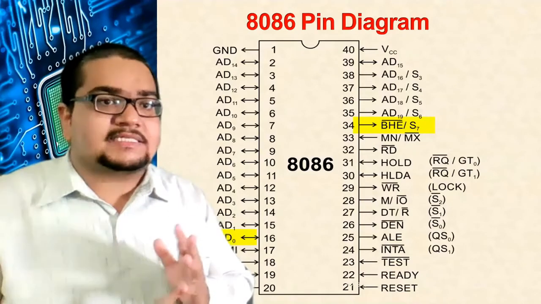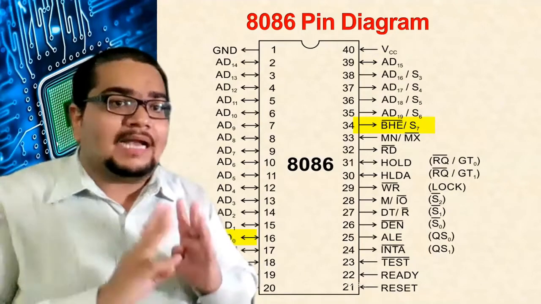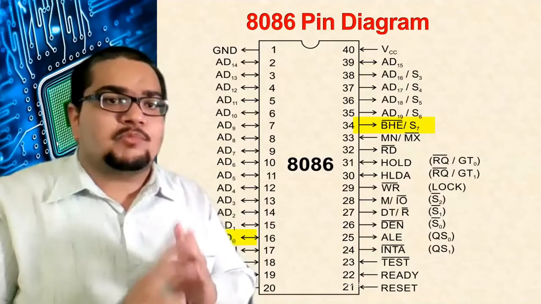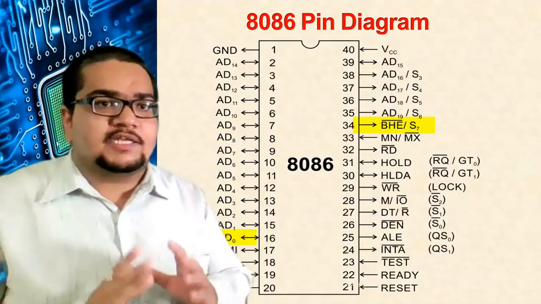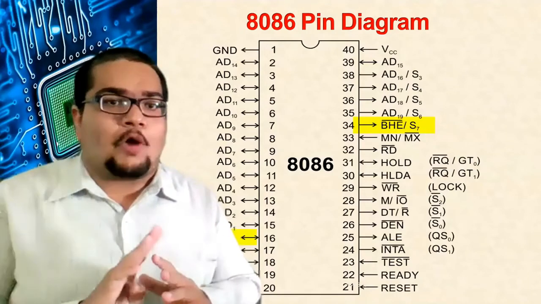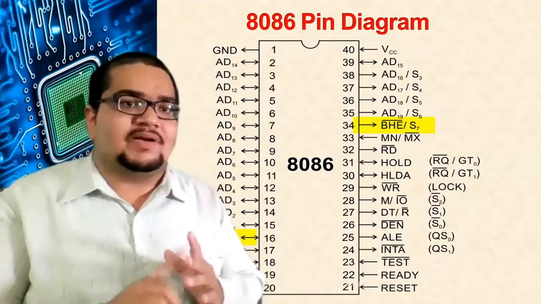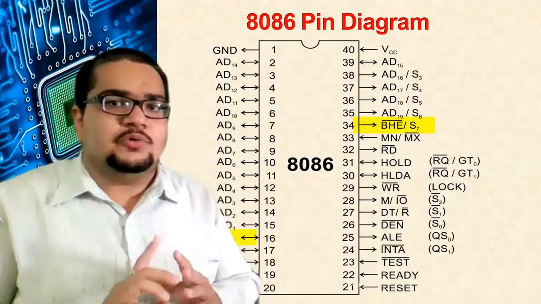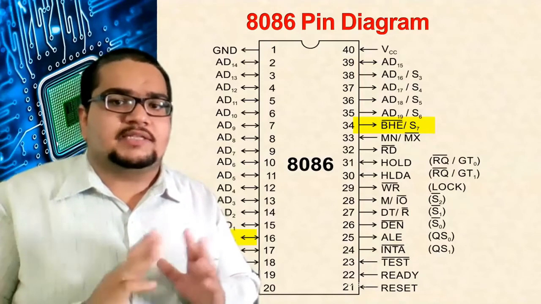After that A16, 17, 18, 19 are the 4 address lines which are the uppermost bits of the address. About lower bits and upper bits I have told you earlier also. A0 means the LSB, so likewise A19 will be the MSB. So the top 4 MSB bits, A19, 18, 17 and 16, are pin numbers 35, 36, 37, 38. These 4 pins are there.